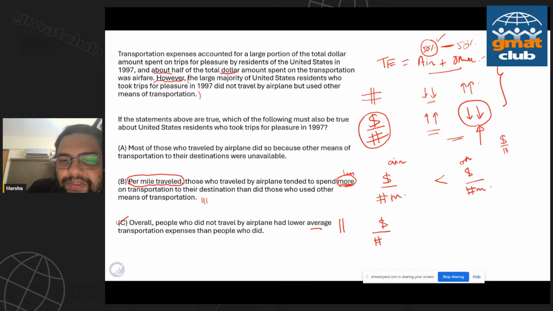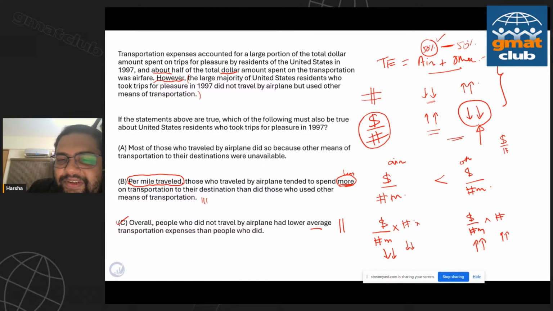So dollar per person per mile is less for air compared to the other guy. We know that the number of people is also less for air compared to the other guys.